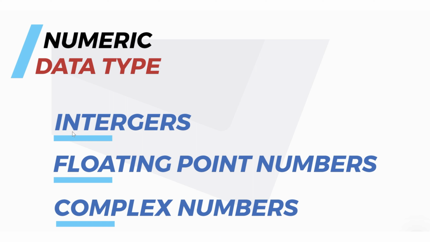Numeric types are fundamental data types used in programming to represent numerical values. Python, like many other programming languages, supports various numeric types. In Python we have three distinct numeric types: integers, floating point numbers, and complex numbers. So let's dive into each type with examples.